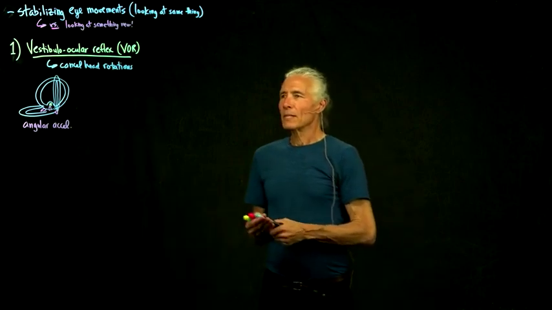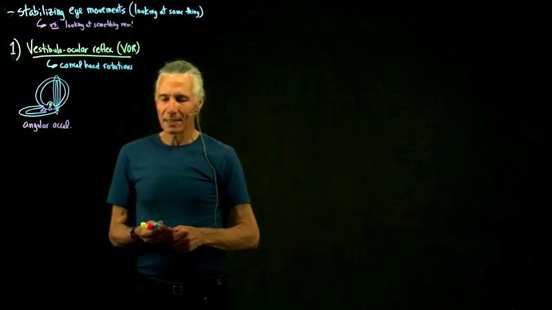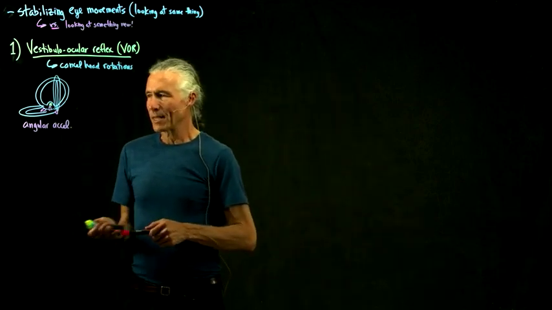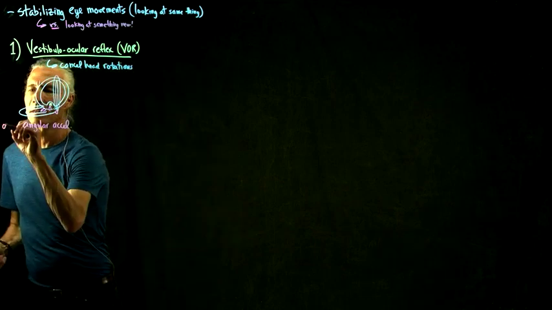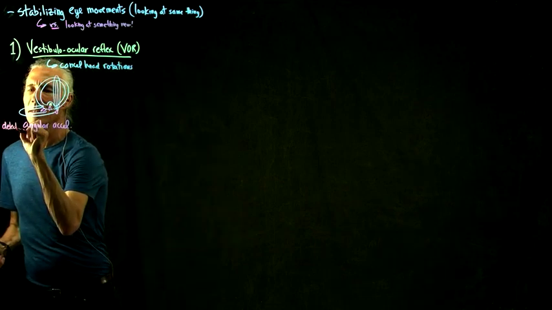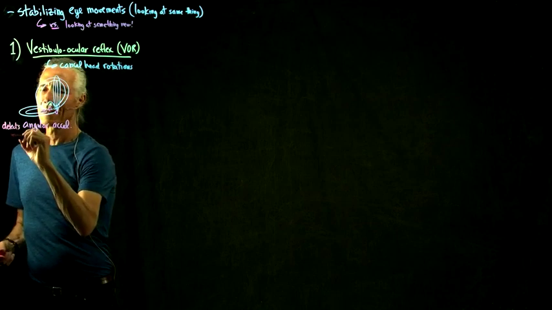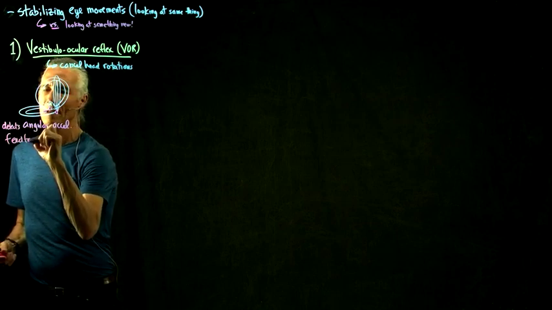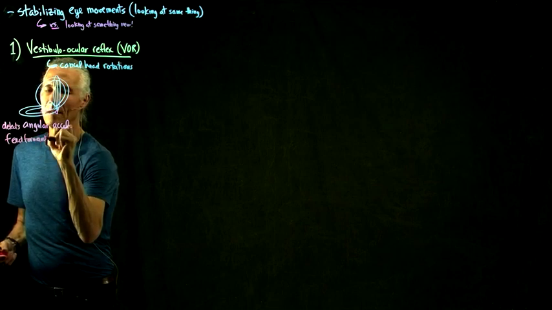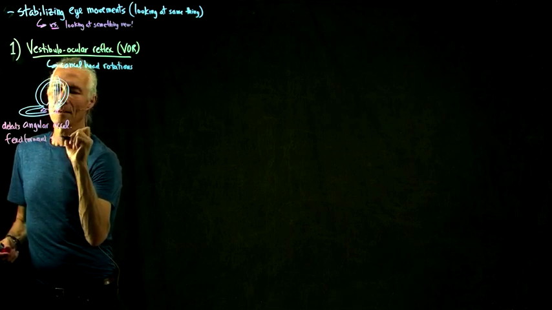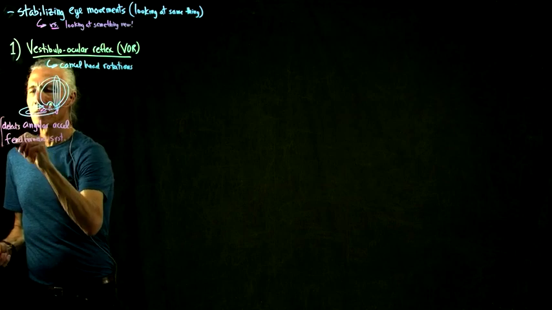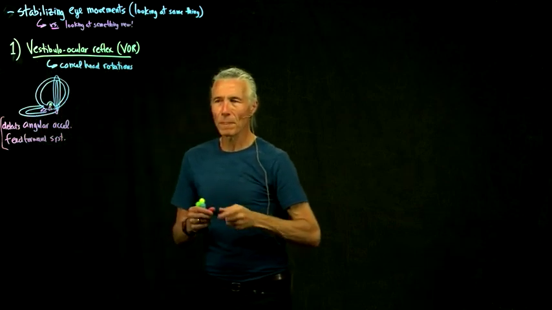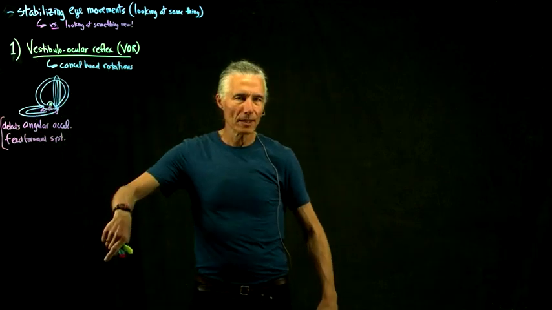So the vestibulo-ocular reflex detects angular acceleration, and it's a feed-forward system. So it gets a signal from the semicircular canals, and then it just does the eye movement.